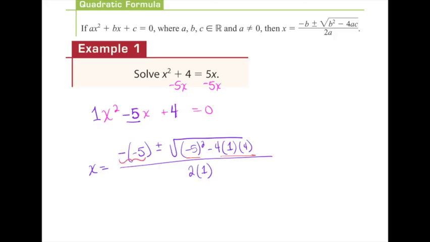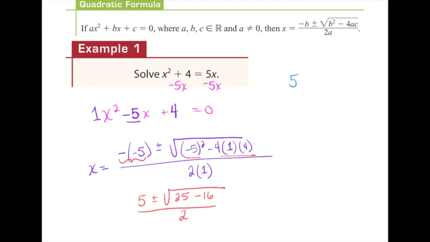Negative negative 5 is going to be a positive 5. Negative 5 squared, anytime you square any number, it is positive. I have 4 times 1 times 4, so that's minus 16. All over 2 times 1, which is 2. Then I am going to do the work under the root.